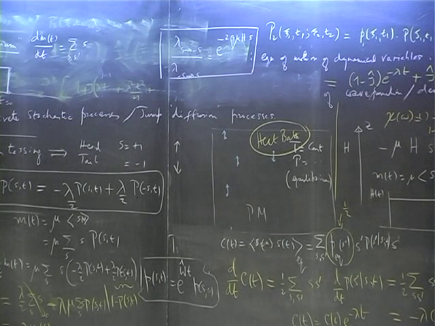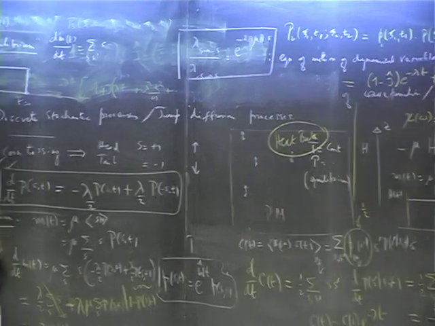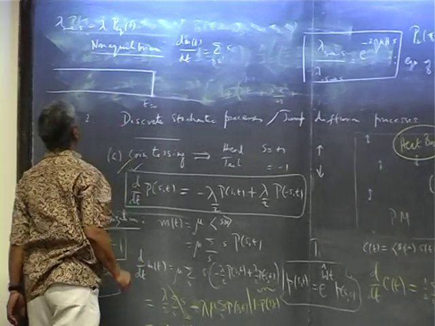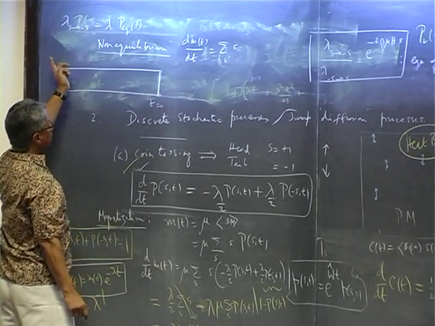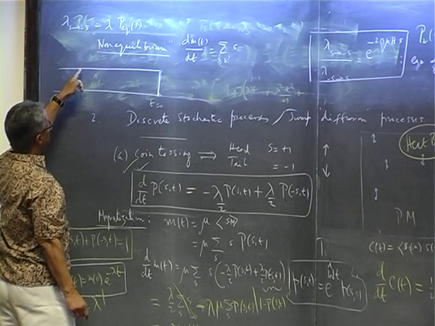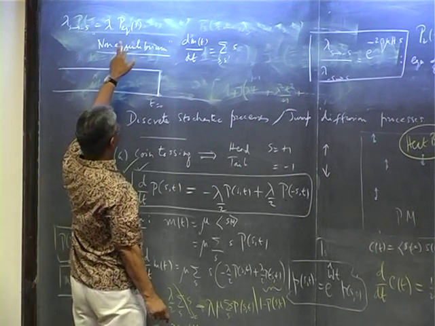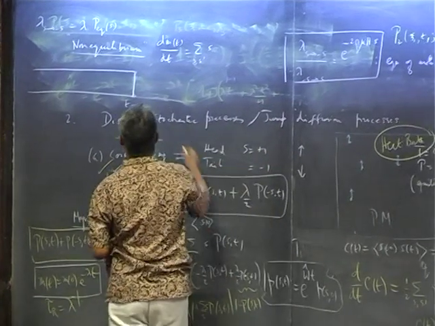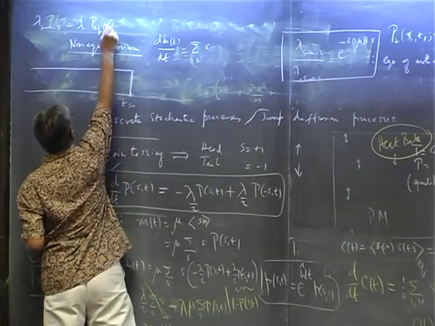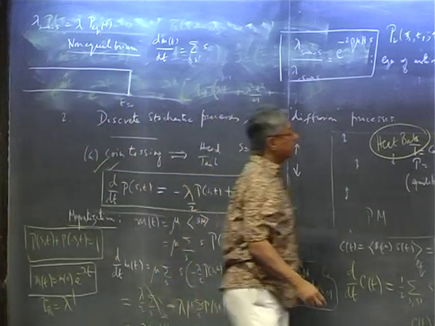So that's like P equilibrium of s, and you put a factor lambda. So the ratio of these two, lambda s to minus s and lambda minus s to s, will be really the ratio of P equilibrium of minus s to P equilibrium of s, as given here.